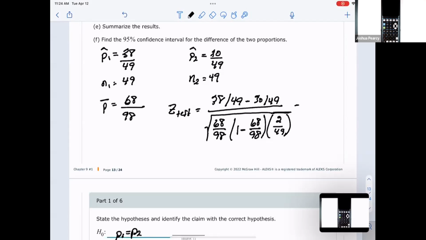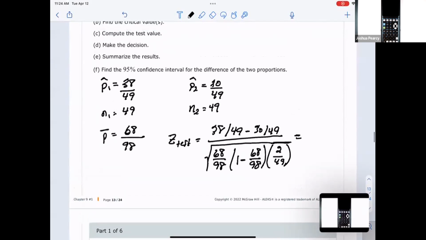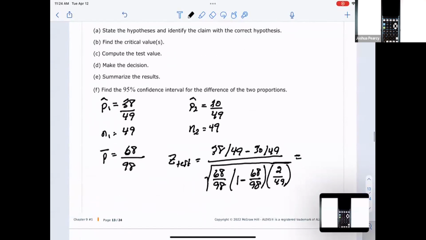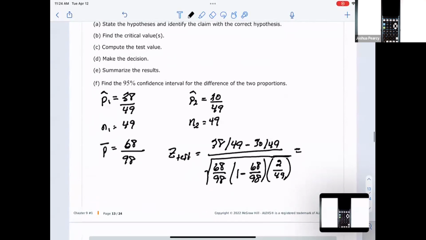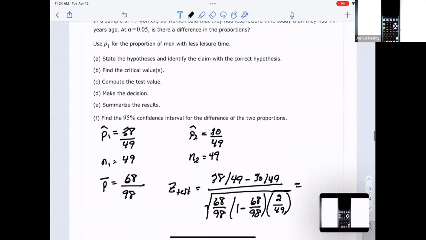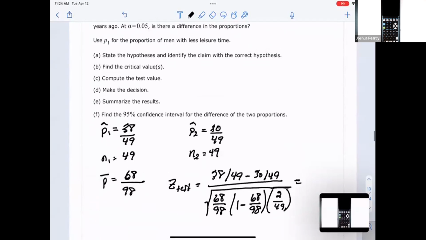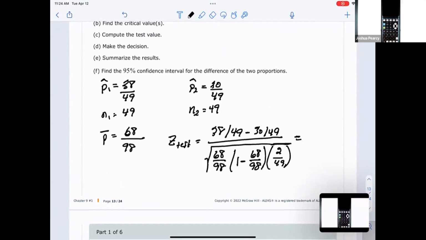Someone tell me what you get. So in the very end, you'll have 1 over N1 plus 1 over N2. So that'd be 1 over 49 plus 1 over 49, so just add the numerators. Holy cow, I have no idea if that's right or not.